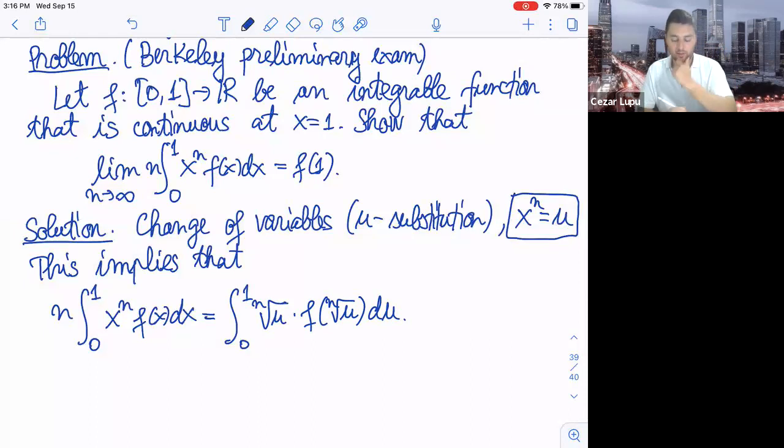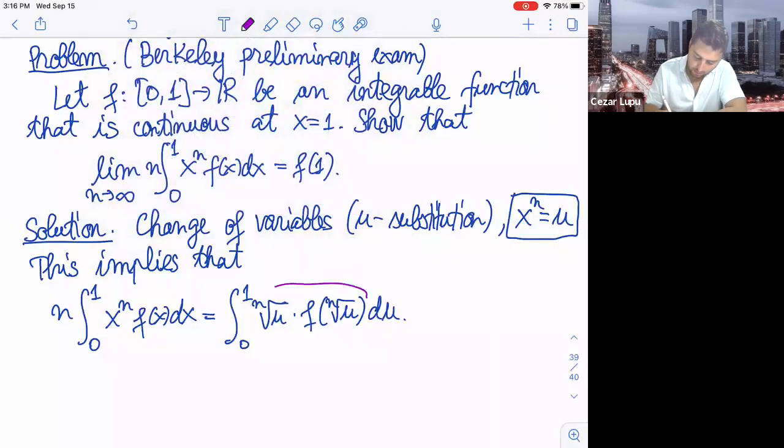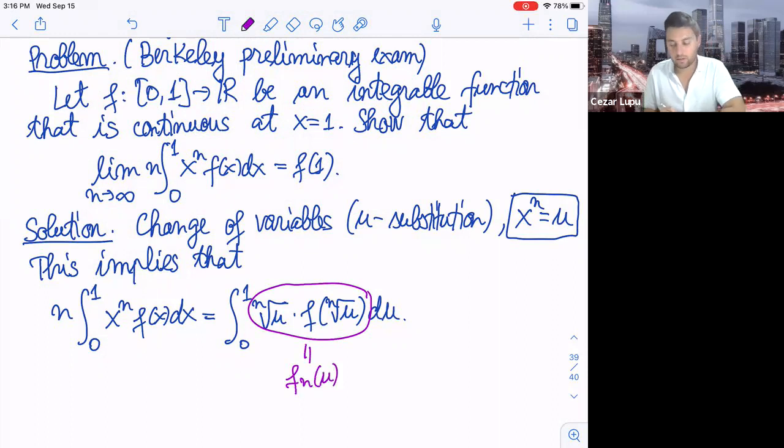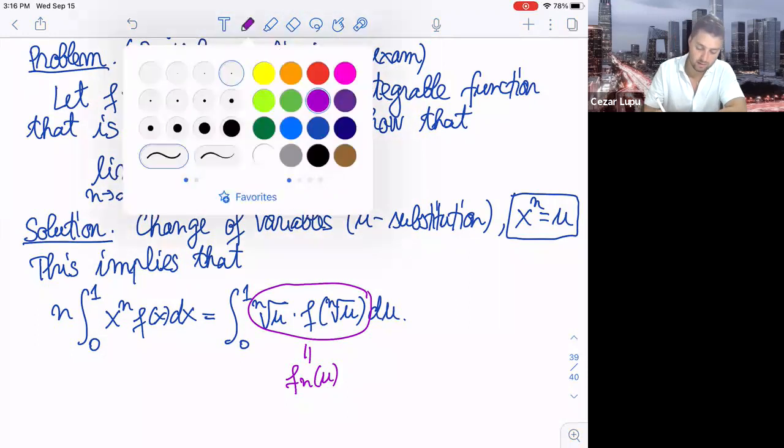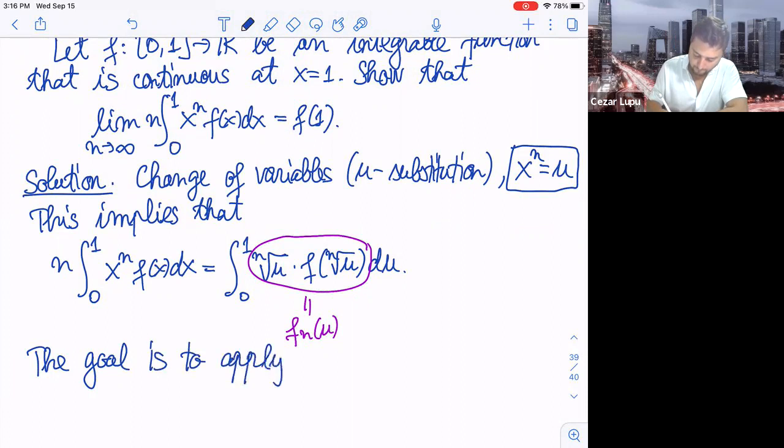So we would like to look at the function inside this sequence. Let's denote this by f_n of u. We would like to apply the dominated convergence theorem to f_n of u. The goal is to apply the dominated convergence theorem to f_n of u.